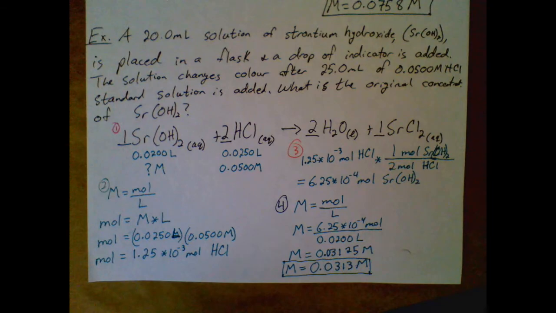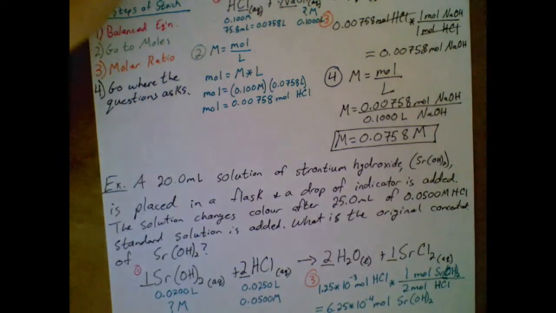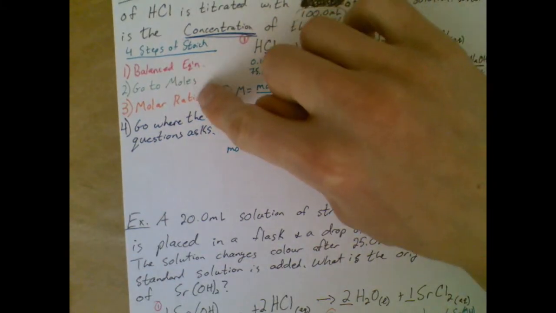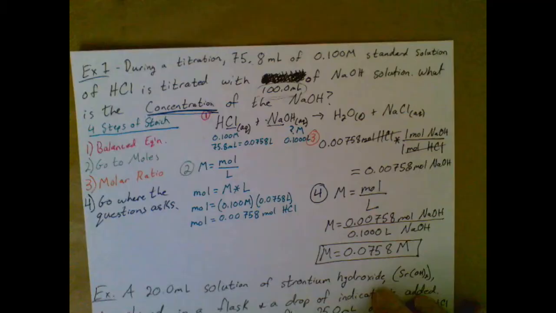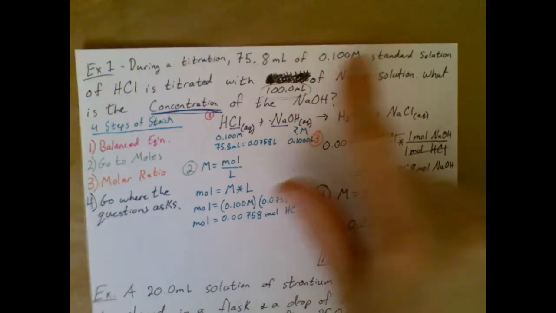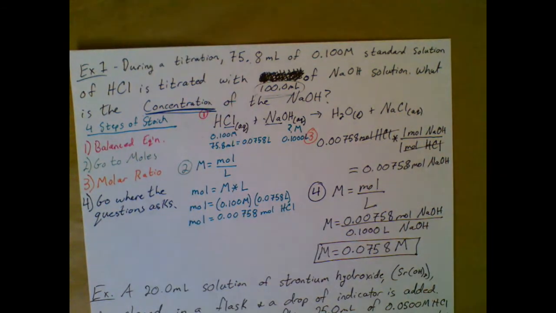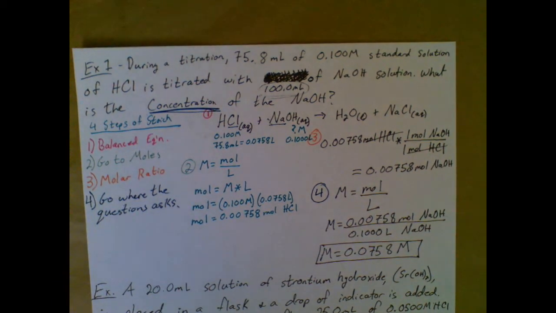Like I said, this is just stoichiometry. And as long as you remember your 4 steps of stoichiometry, balanced equation, go to moles, molar ratio, go where the question asks, this will work every time. Biggest mistake people make, they see the question and they read through it, they go, okay, milliliters, molarity, milliliters, concentration, okay, I have an M, V, M, need to find a V. They use M1V1 equals M2V2, and then they get the question wrong.